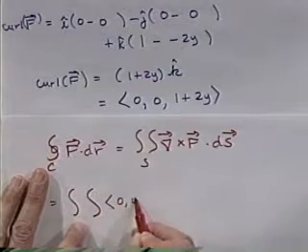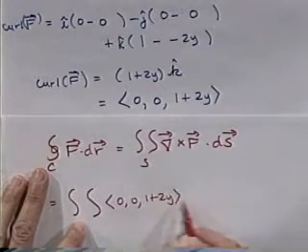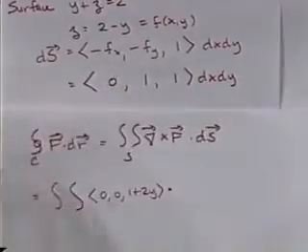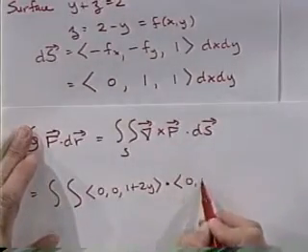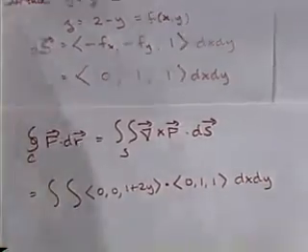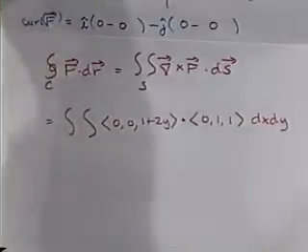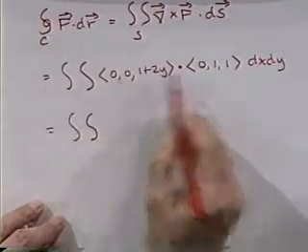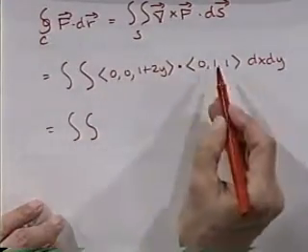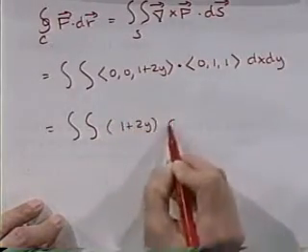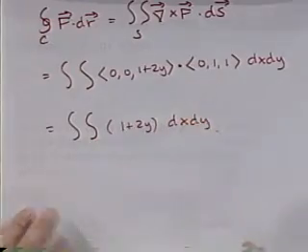It was 0, 0, 1 plus 2y. And what was my dS? My dS was 0, 1, 1, dx dy. So I take the dot product of those two. Taking my dot product, this is equal to the integral of 0 times 0 is 0, 0 times 1 is 0, and 1 plus 2y times 1 is 1 plus 2y, dx dy.